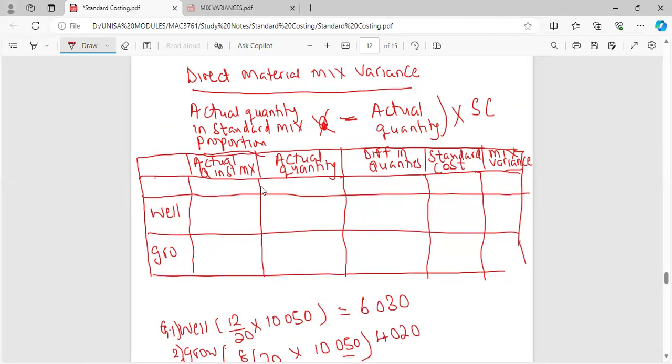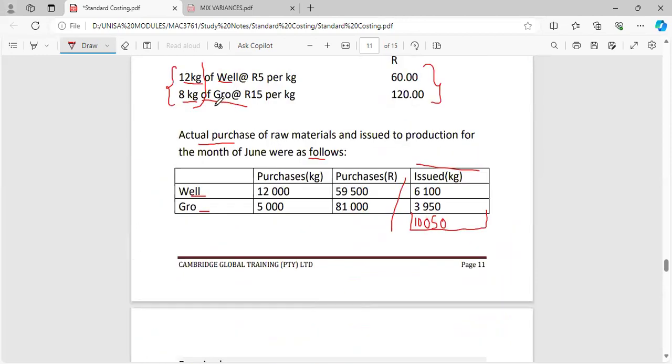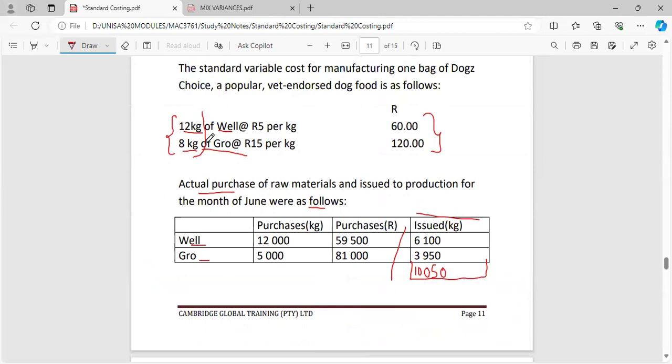For well, it's going to be 6,030, our calculation 1. Then for grow, it's 4,020. It's our calculation 2, right? Then you have your standard mix proportion, which will come from here.